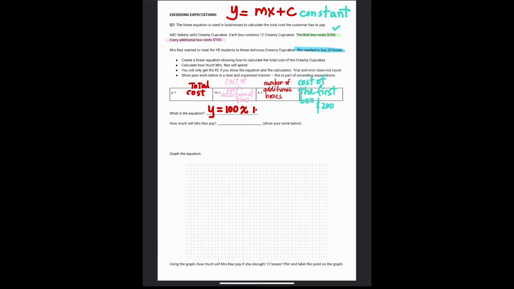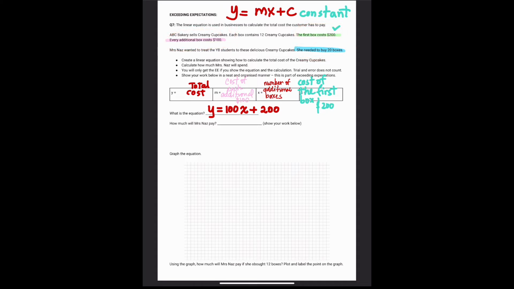Plus the cost of the first box, because you will always pay $200 for the first box. So this is the equation based on the given information in the problem.